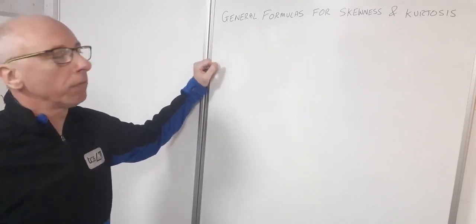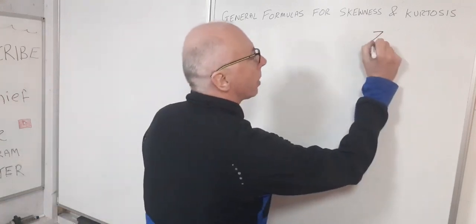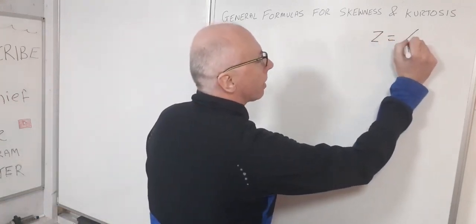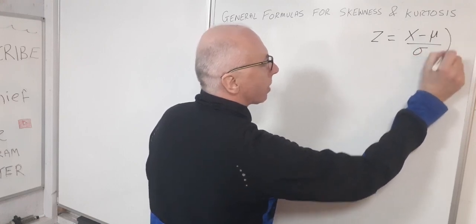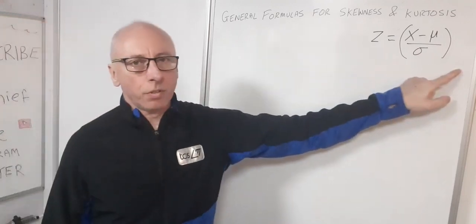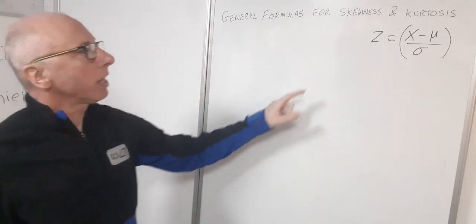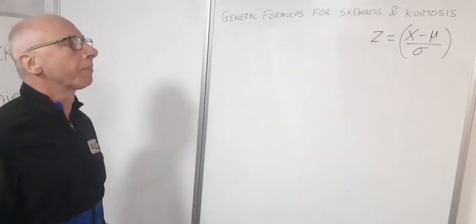So as we're looking for the general formula, the place to start is the standard score function. The standard score function is x minus population mean divided by the standard deviation for that population. That's our score function. Now we use this to find the standard formulas for skewness and kurtosis.